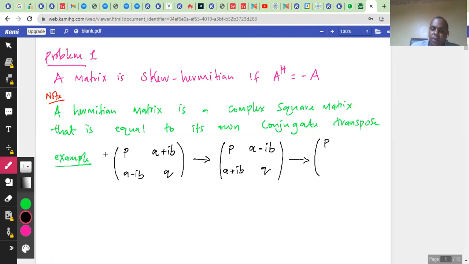So if you transpose it, it's going to be P, then a plus ib, then a minus ib, and then Q. You see what just happened? The conjugate transpose of it gave us the same thing. So that is just a Hermitian matrix. It can only be skew Hermitian if we get negative A. So this is an example of Hermitian.